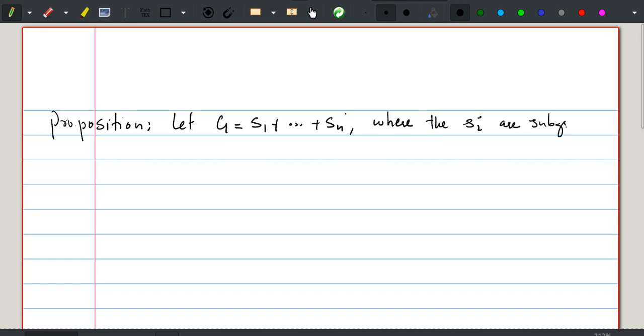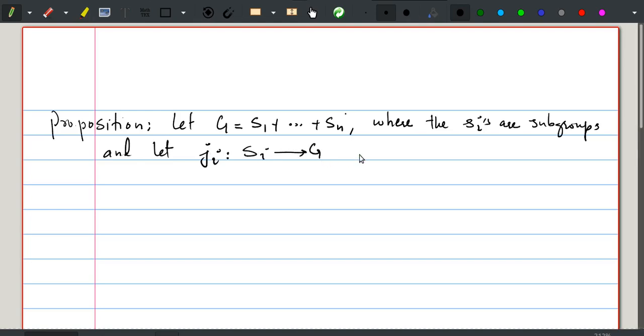And let Ji, defined to be a map from Si to G, be the inclusions.